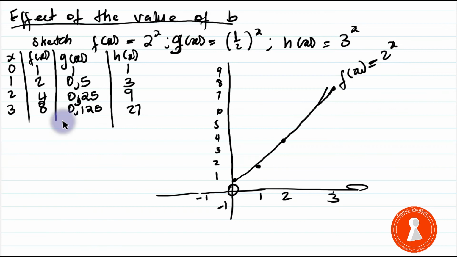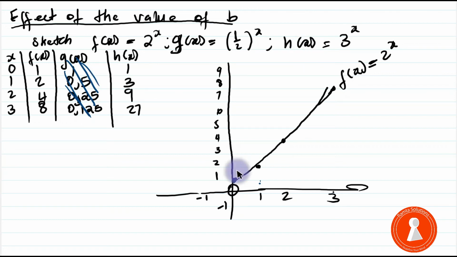Let me try g of x. I'm gonna use this color here. 0, 0.5. Okay, maybe this guy doesn't help because he's gonna be like this. So let me ignore him. Let me try h of x.